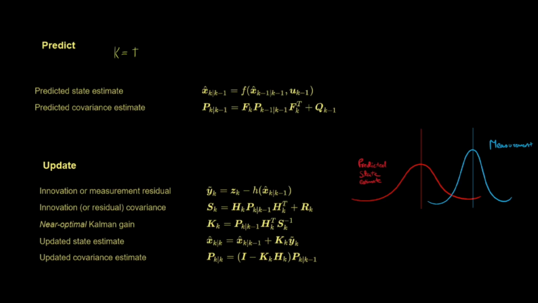In updating the state estimate and the covariance estimate, we are multiplying our new error with the Kalman gain, and we find the updated or corrected estimate from the predicted state as well as the measurement.